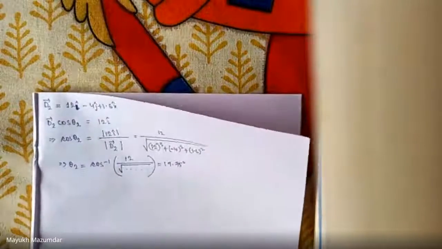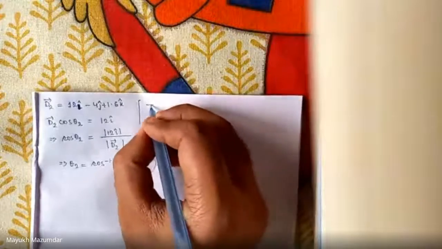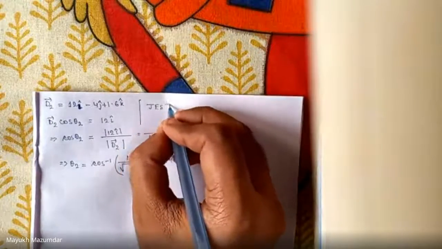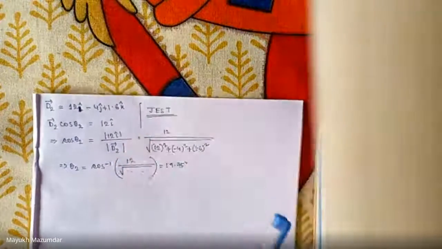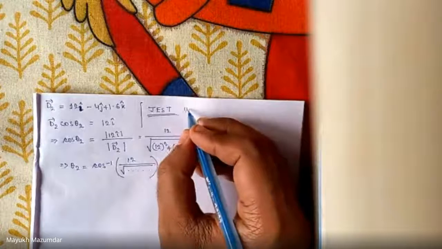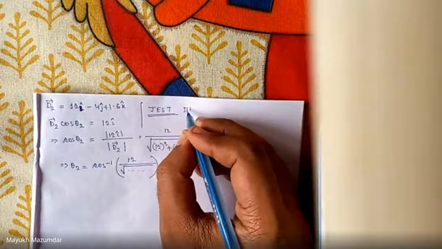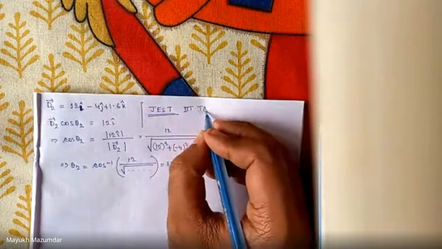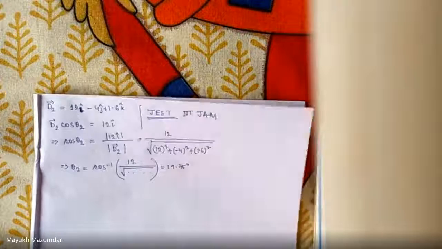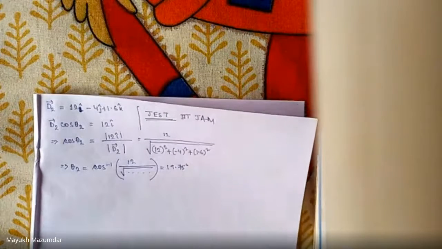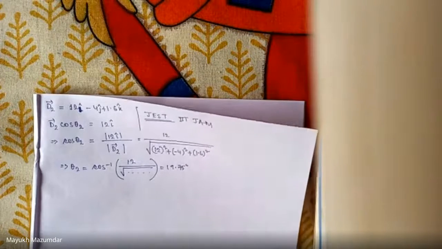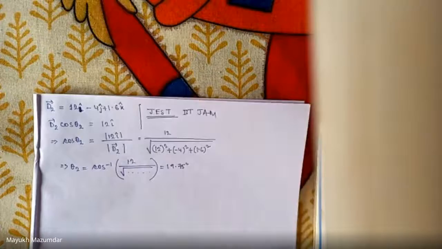Okay, sir. Understood. You can go to the internet and search for previous year questions of IIT JAM. There you can find these kinds of questions. The main trick is to identify the normal and tangential components.